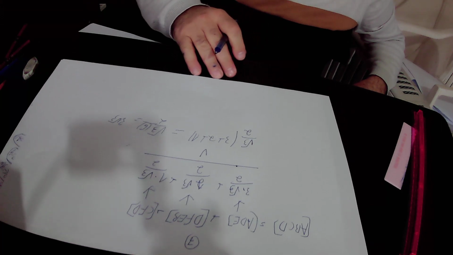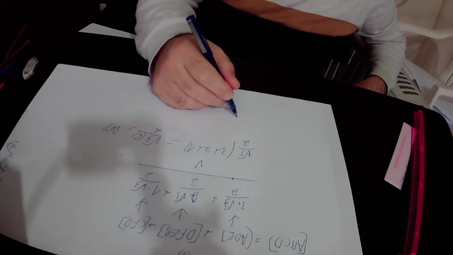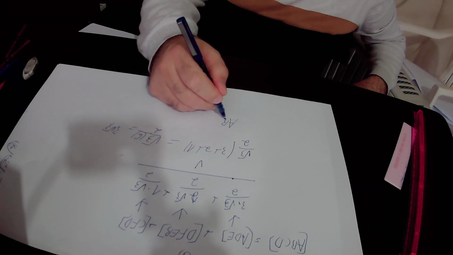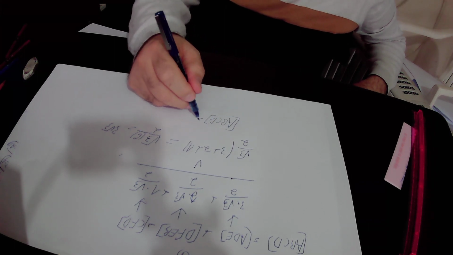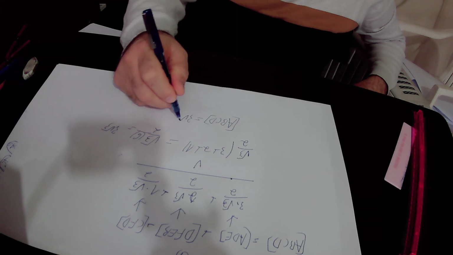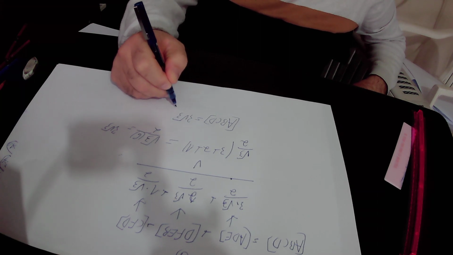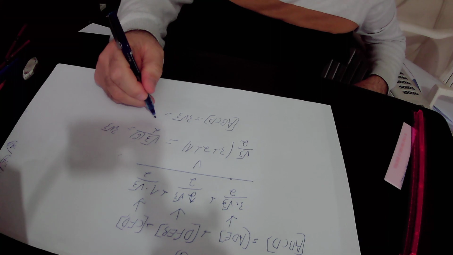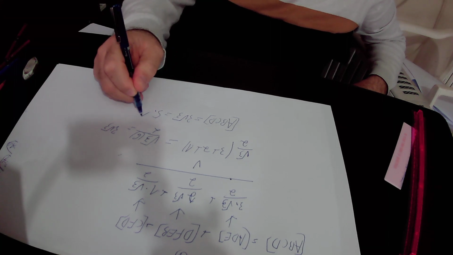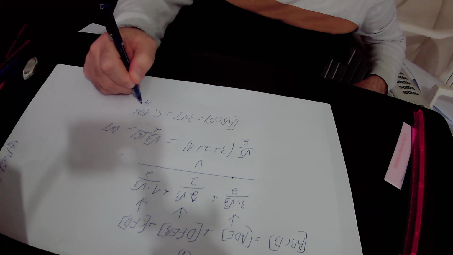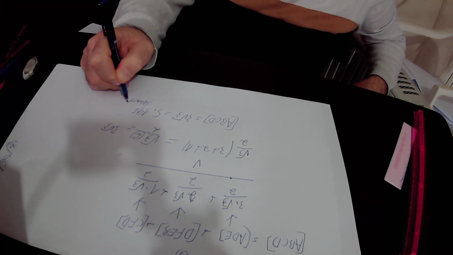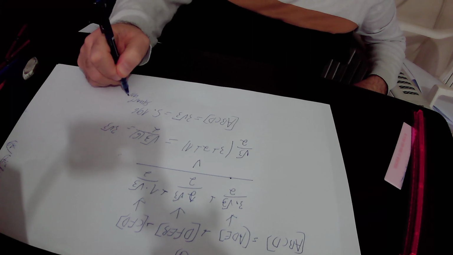So the area of quadrilateral ABCD equals either 3 times square root of 3 square units, or in terms of numbers, it equals 5.196 square units.